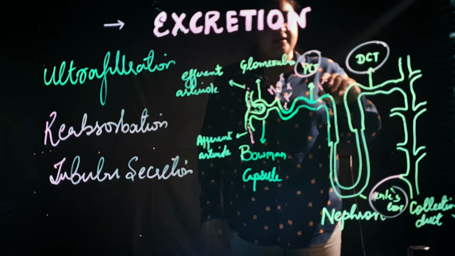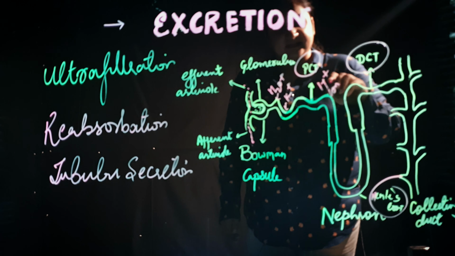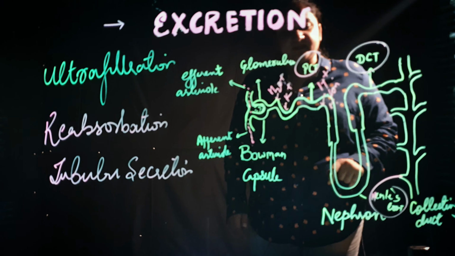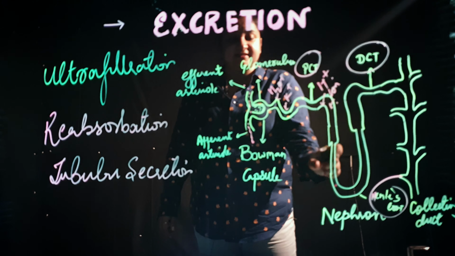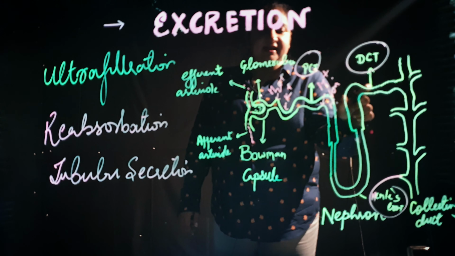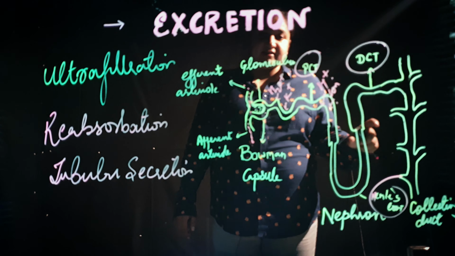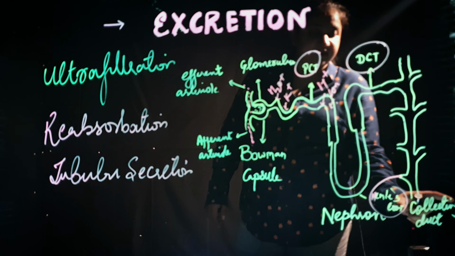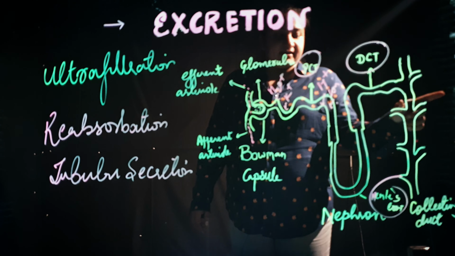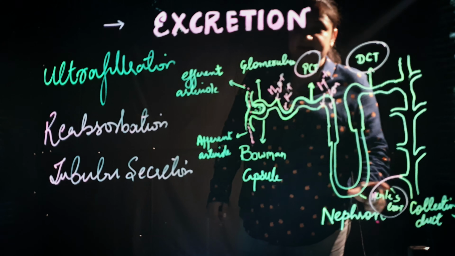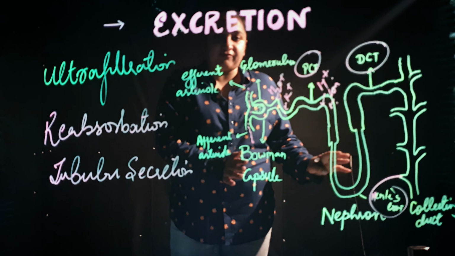It secretes ions into the tubules. This can be known as the ascending limb, this is the descending limb, and there is the presence of the collecting duct. Then the urine is collected in the collecting duct. This is all about the nephron.